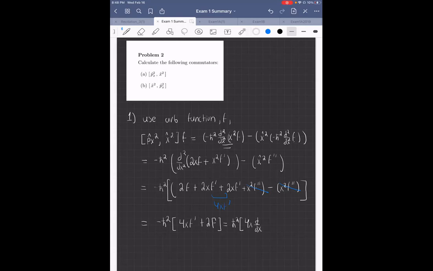And then we have just f. So we can just put plus 2, because 2 times the original function. And this will be negative h bar squared, and this will be your commutator. Let's call this commutator omega. Does that make sense to everyone?